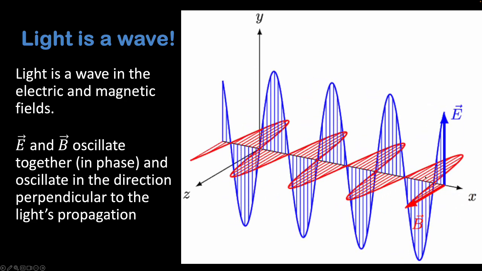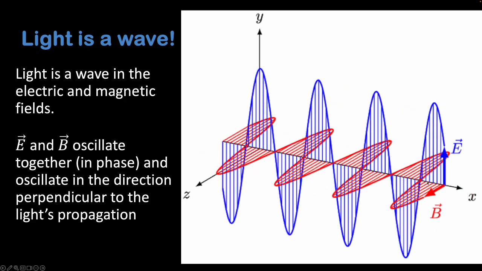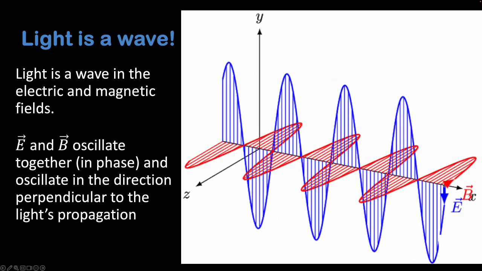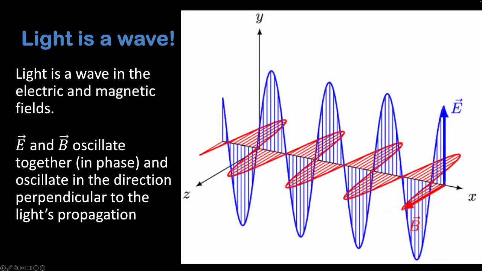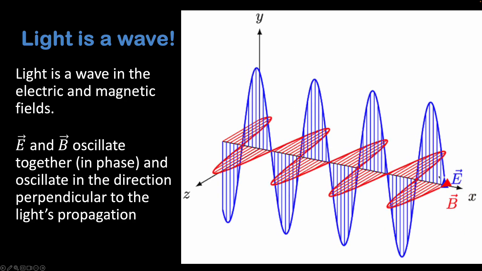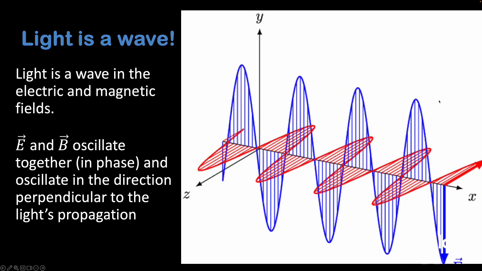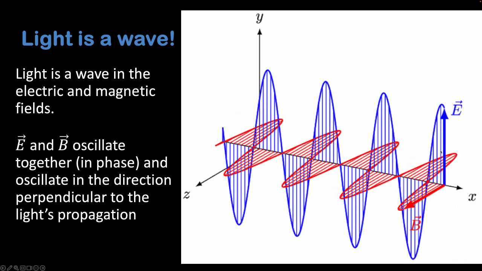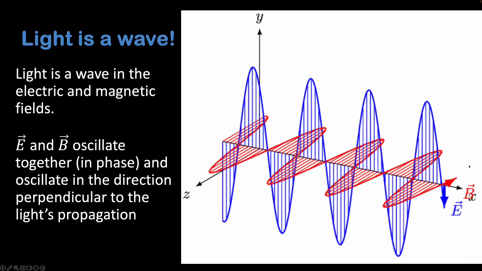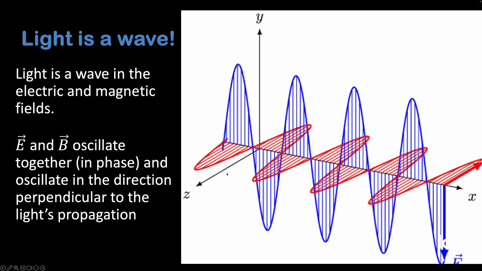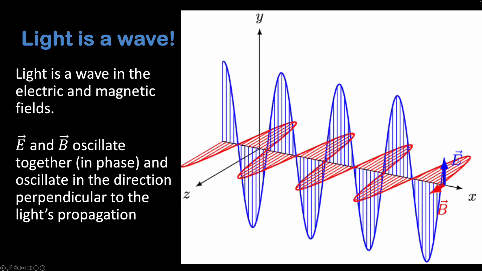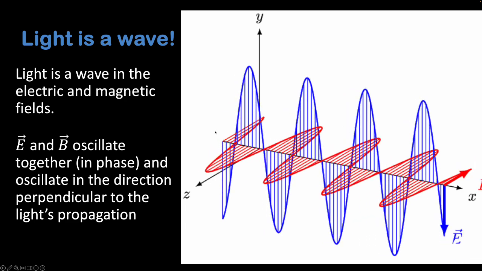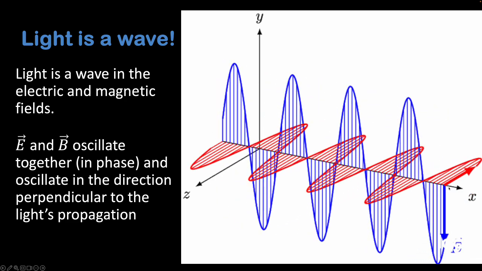There's a few other things to notice about this, though. One is that they're always exactly perpendicular to each other. So here we have E and B oscillating. E is going up and down in the y direction in this graph. Here's y on the vertical, and E is going up and down like that. B is going side to side in the z direction. And together, these waves are moving from the minus x direction to the positive x direction.